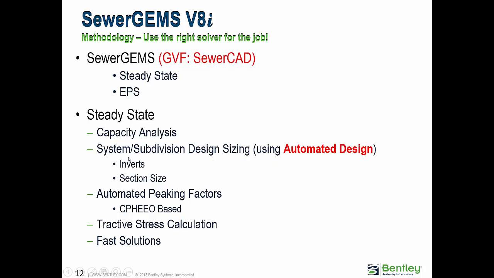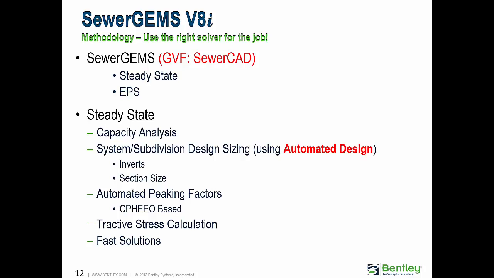Now you can also design this entire system or a subdivision of your network using automatic design algorithms in SewerCAD, which will give you the optimal invert levels of the manholes and the optimal size of the pipes.